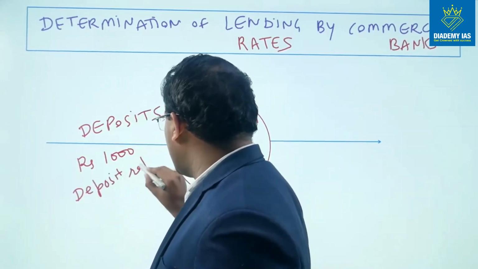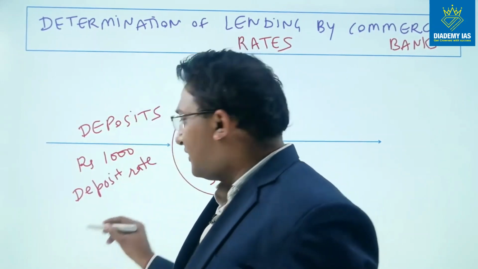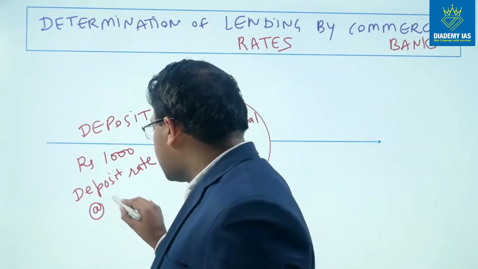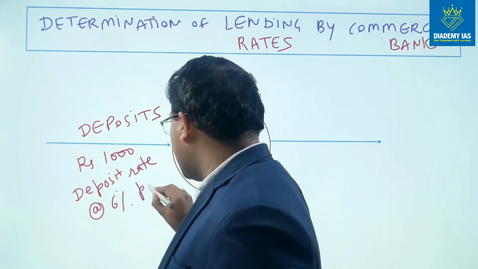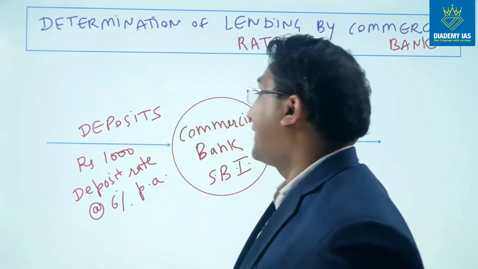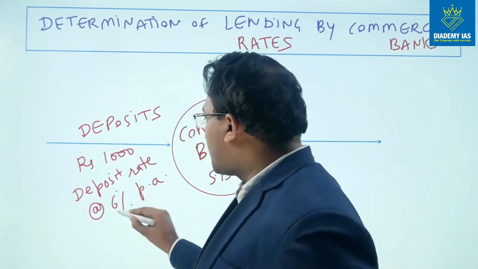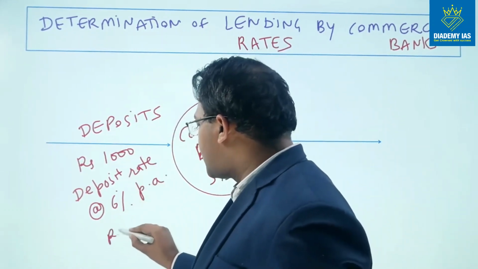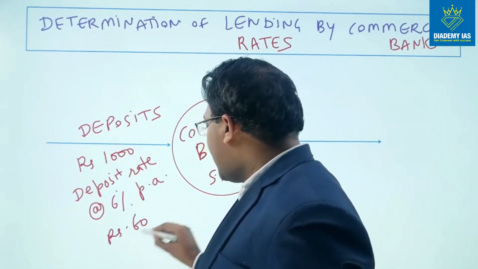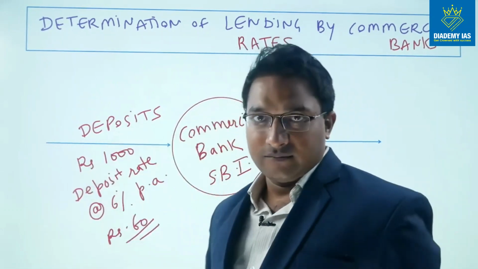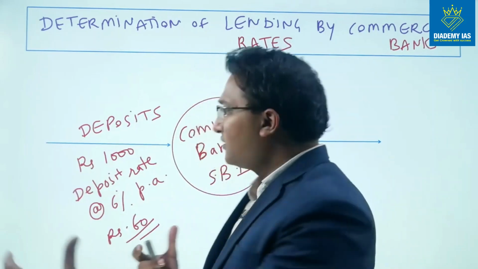On this 1000 rupees, let us say the deposit rate is 6% per annum. So at the rate of 6% per annum, rupees 60 will be paid by the bank to the depositor. So this is the one thing.